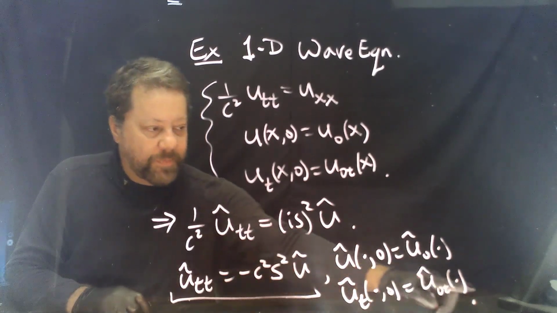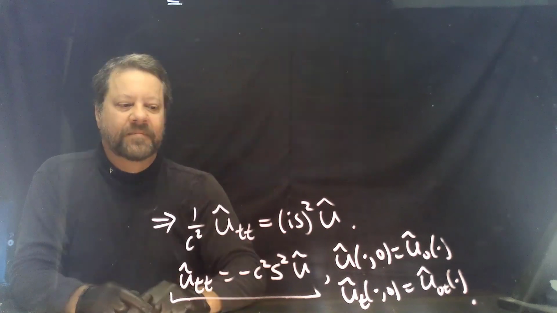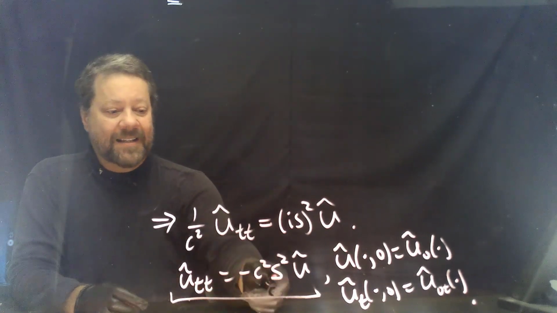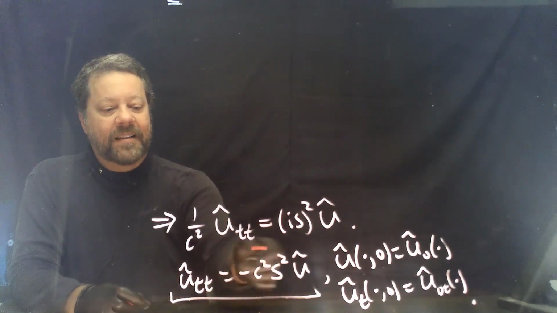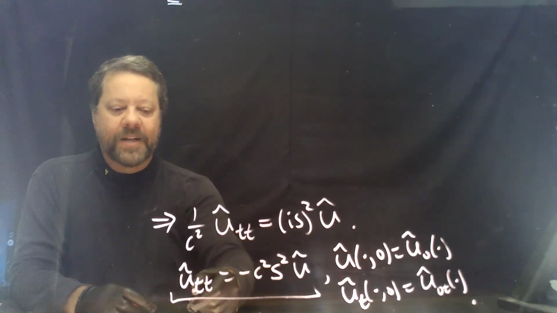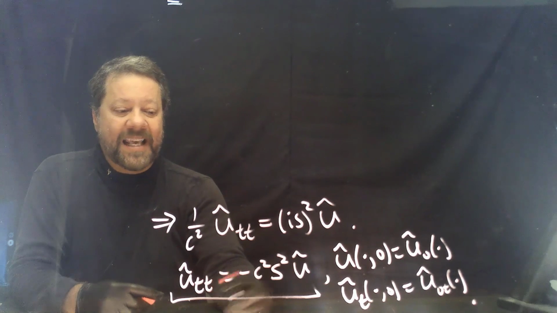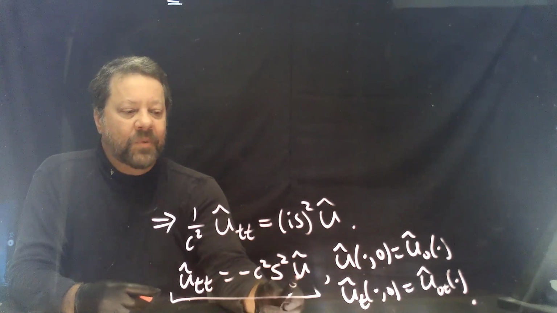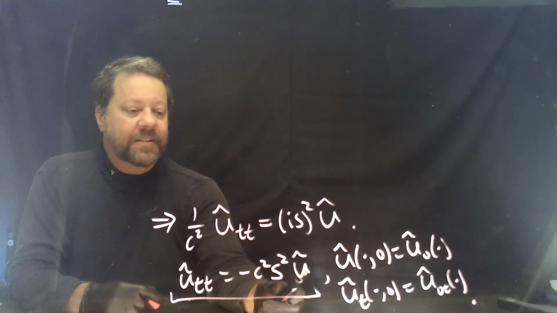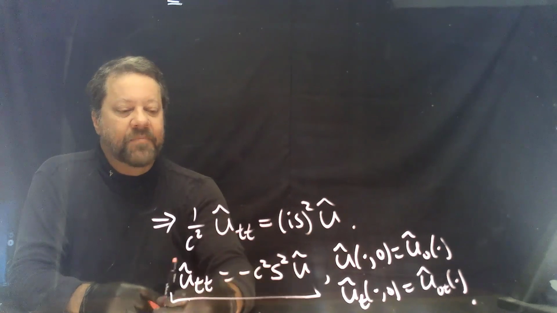It will be dependent upon s. Holding s constant, we see that the wave equation transforms into this second order ordinary differential equation in t, holding s fixed, where u hat, if s is fixed, will be a function of t.